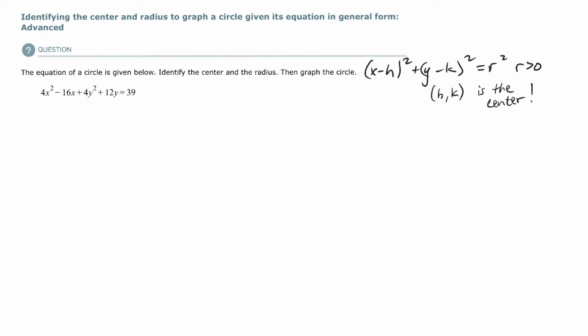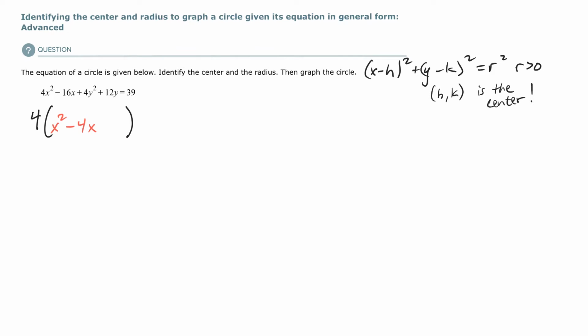First thing we're going to do is factor out the 4 from the x squared and the other x term, and let's see what that looks like. 4, and then parentheses, x squared minus 4x, and then I'm going to leave a space here to complete the square.